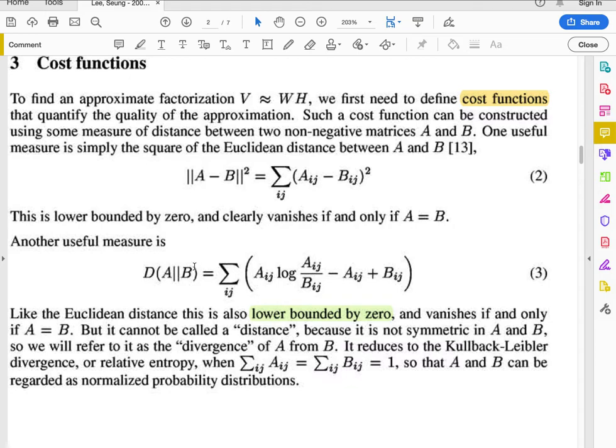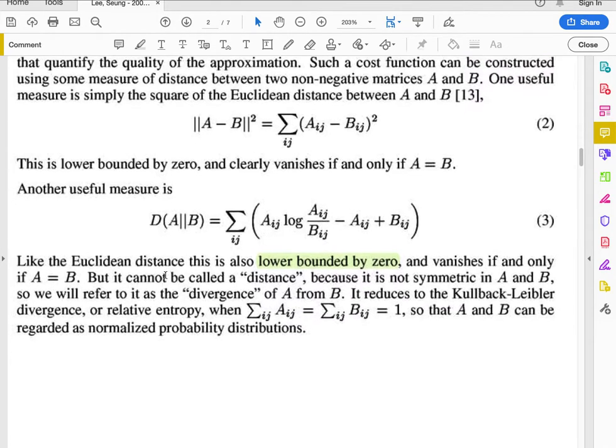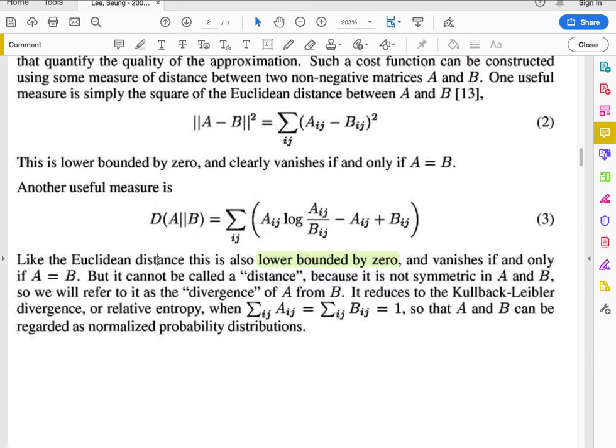Another useful measure is KL divergence, but since they are not assuming sum to unity, they have formed a more generalized version of KL divergence, which is something like this: A times log A upon B minus A plus B. And they say, like the Euclidean distance, this is also lower bounded by 0.